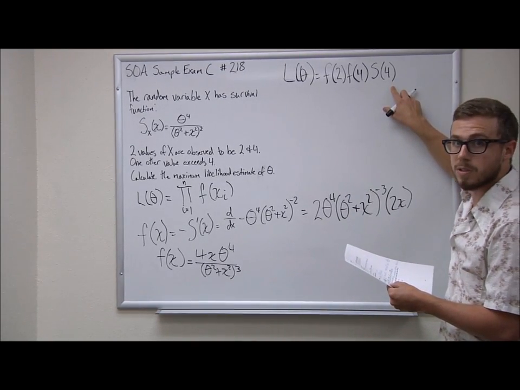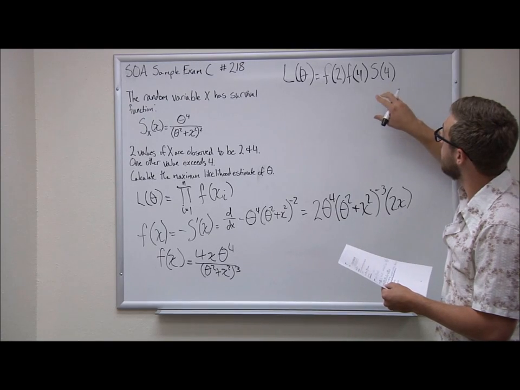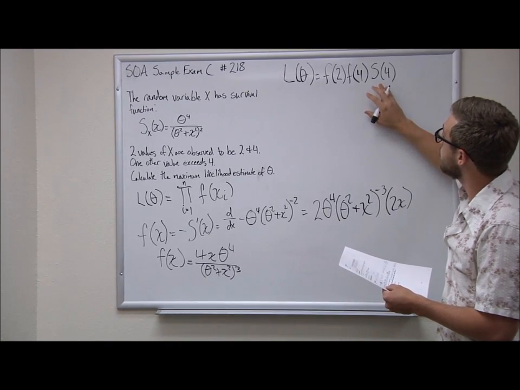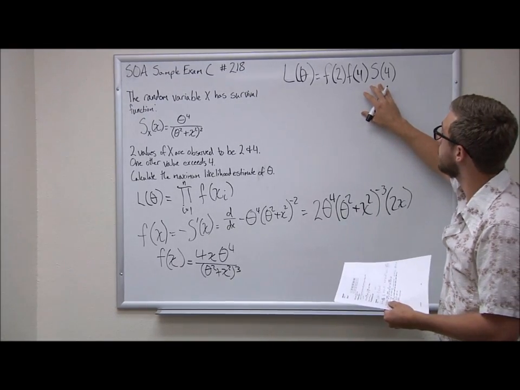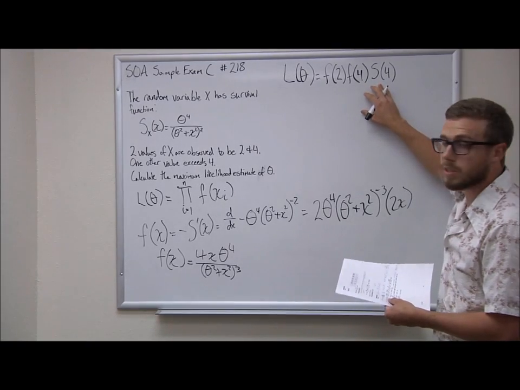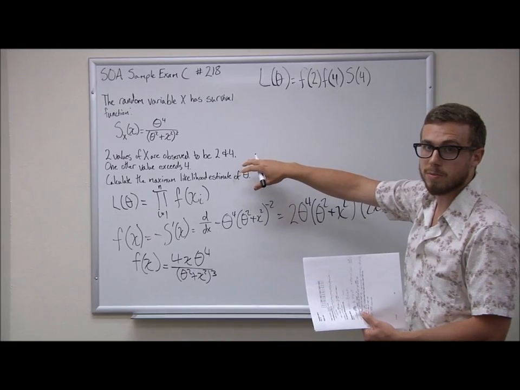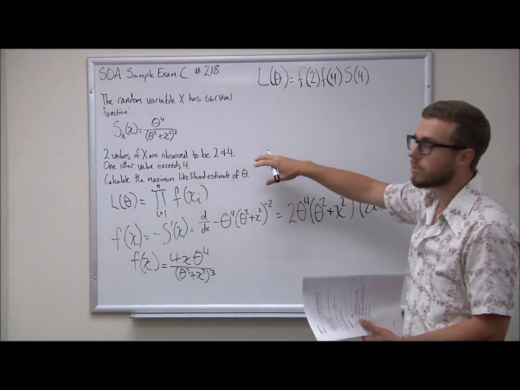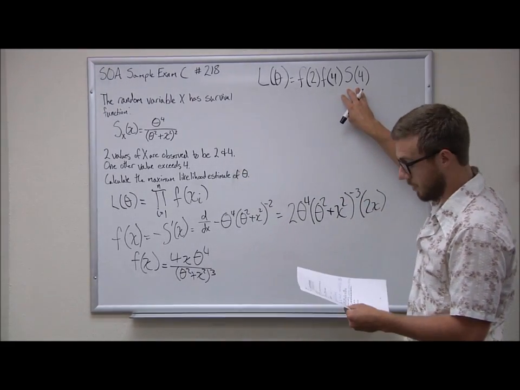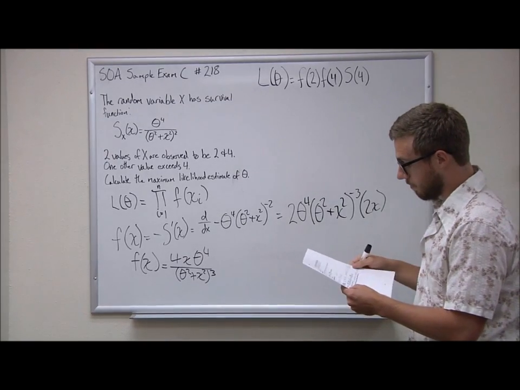So we don't know its exact value, but we know that it's at least 4, it's survived the 4, so we plug it into the survival function. So anytime a problem says that some values exceed a certain number, where they're censoring, you'll use the survival function like this.